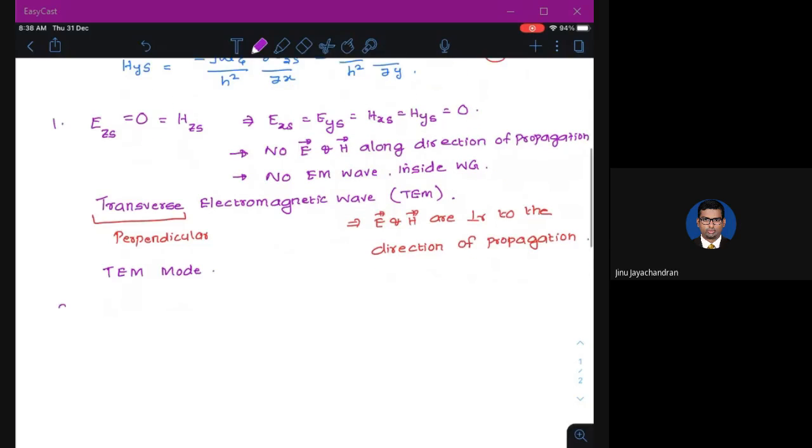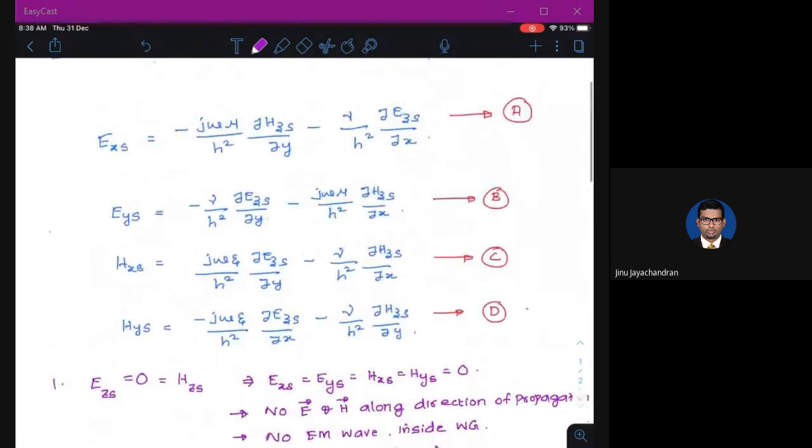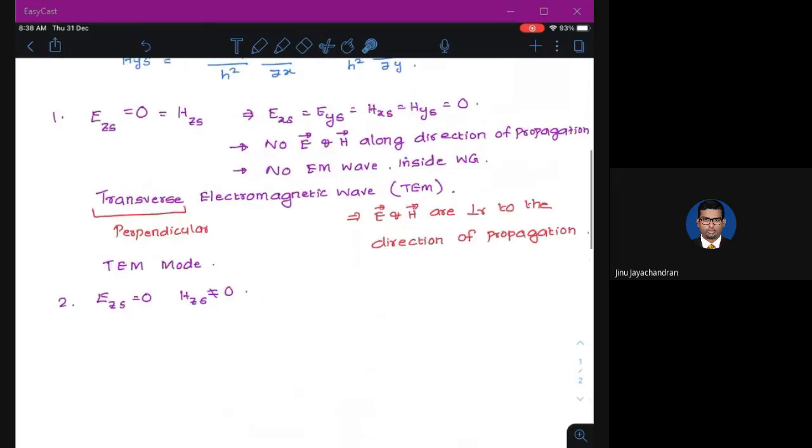Now the second situation is when, let's say, my electric field component is 0 and magnetic field component is not equal to 0. So if you substitute that in equations A, B, C, D, even though the electric field component is 0, for example, this is 0, this is 0, this is 0, this is 0, you still have an equation with the magnetic field which is not 0, which implies that you have a wave existing inside a waveguide.